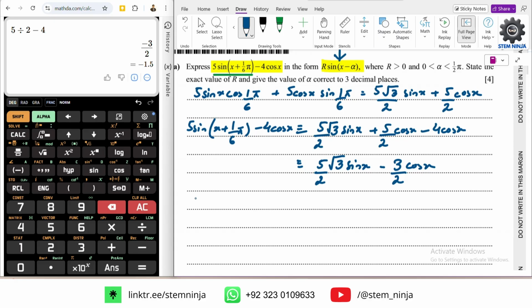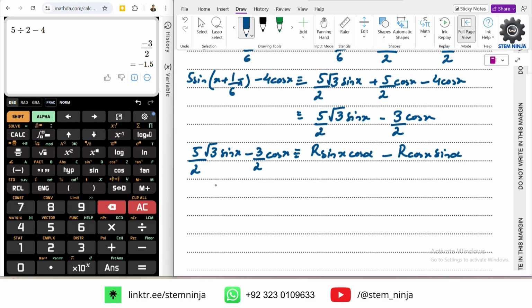So when you have 5 over 2 root 3 sine of x minus 3 by 2 cos of x, this is identical to r sine of x cos of alpha minus r cos of x sine of alpha.